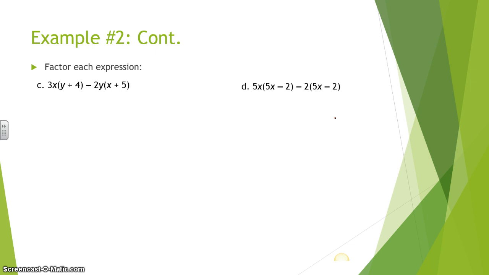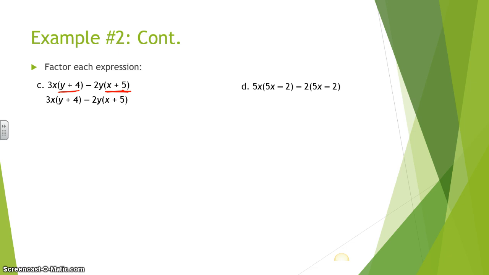Here we have some more examples. C: 3x(y + 4) - 2y(x + 5). Now, looking at this situation, we do not have a common binomial factor. Notice that y + 4 is not the same as x + 5. So there's nothing in common here we can factor out.